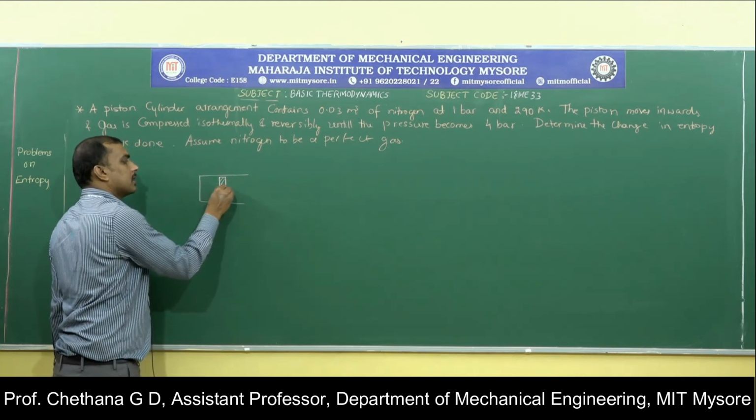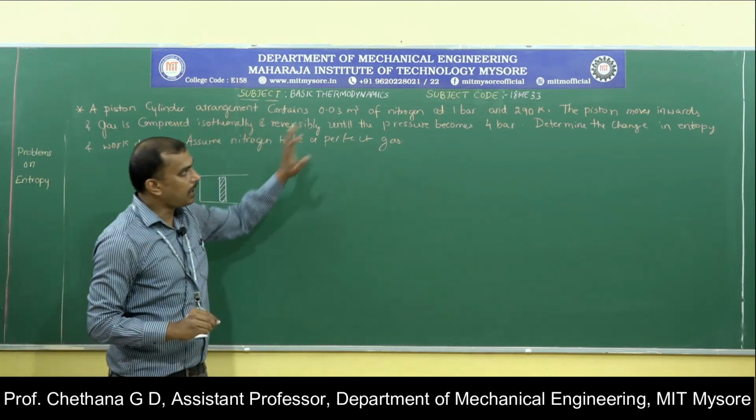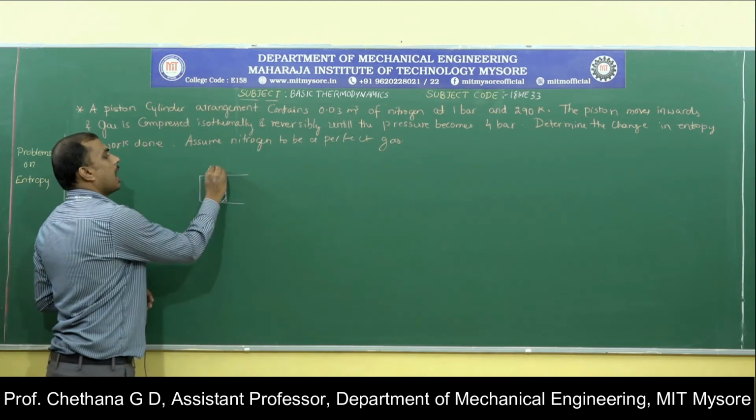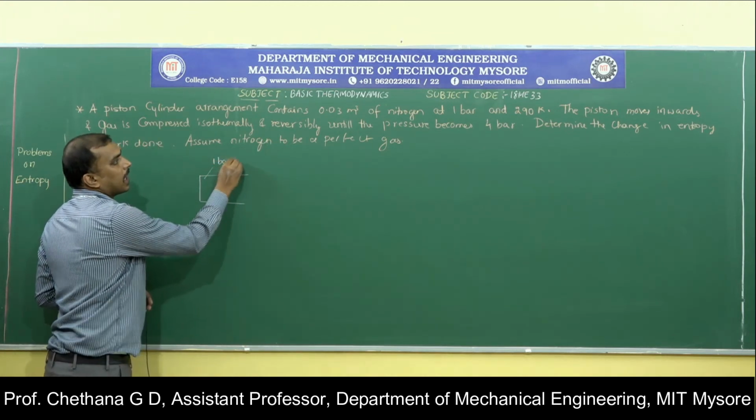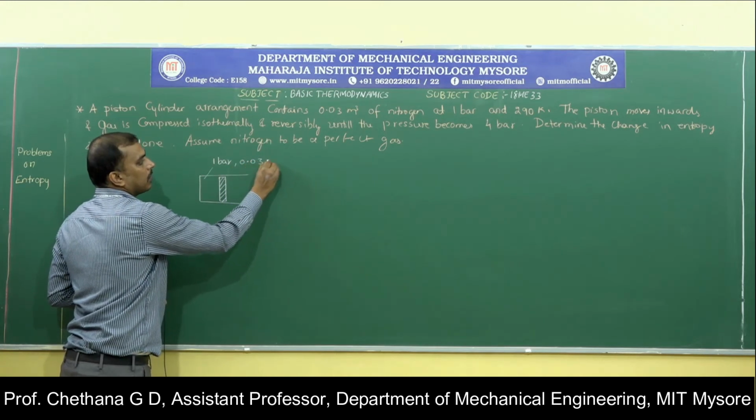Okay, so this is the piston and cylinder, and there is nitrogen in it which is at 1 bar initially, and the initial volume is also given, that is 0.03 meter cube.